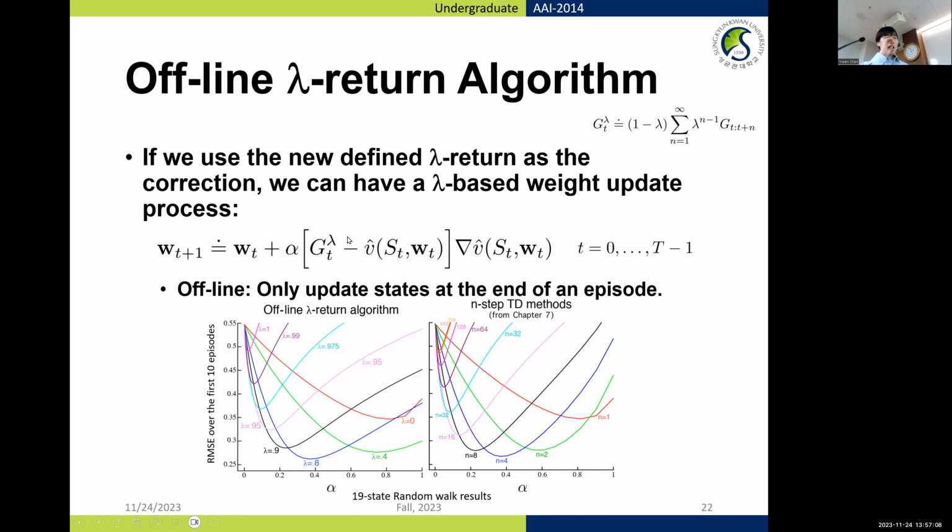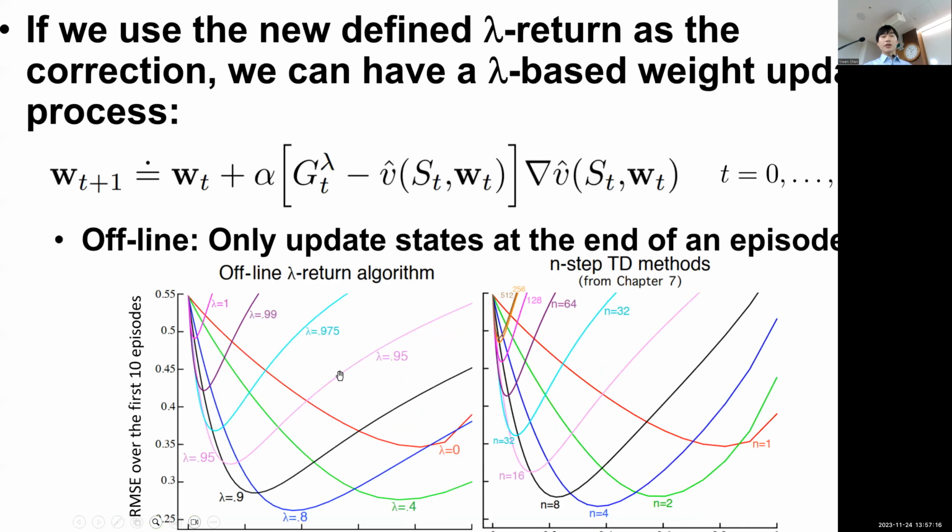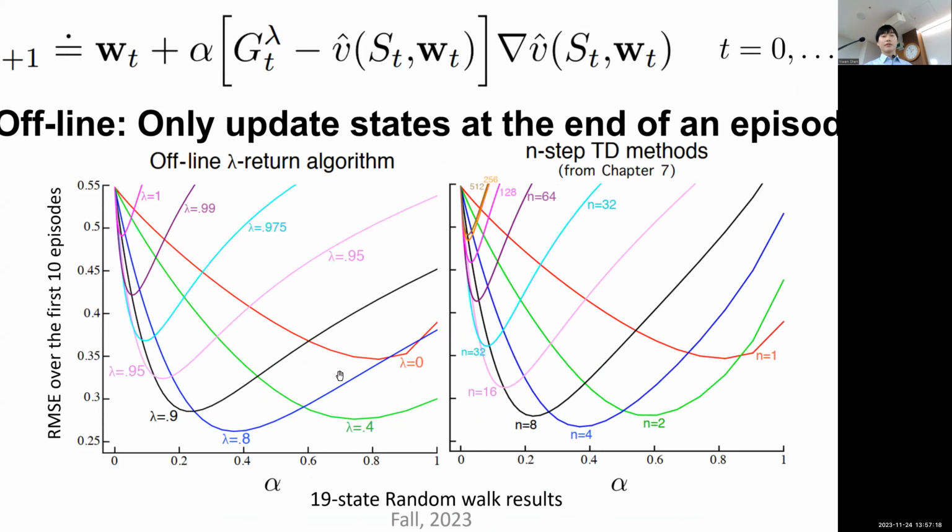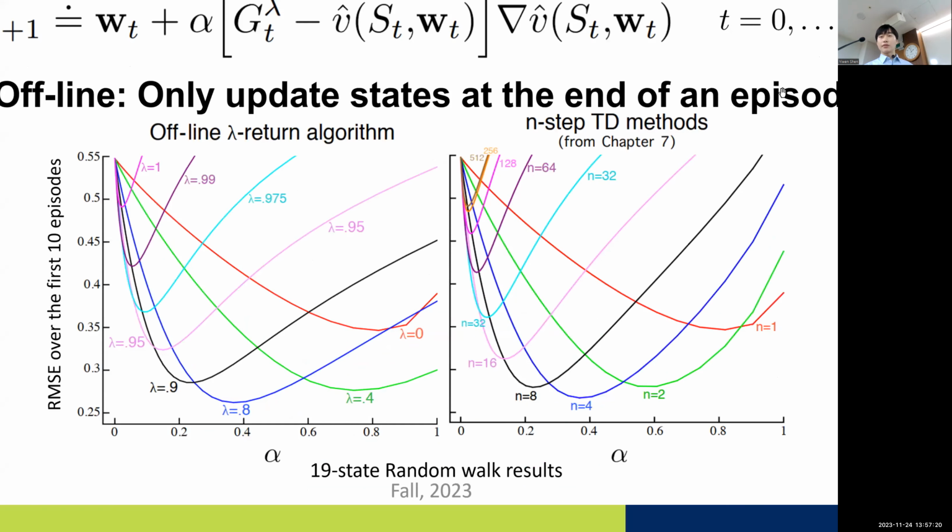Okay, I forgot one implication here, so let me ask one question. Here is the performance comparison between the n-step TD method and the offline lambda return algorithm. We just look at this update process.